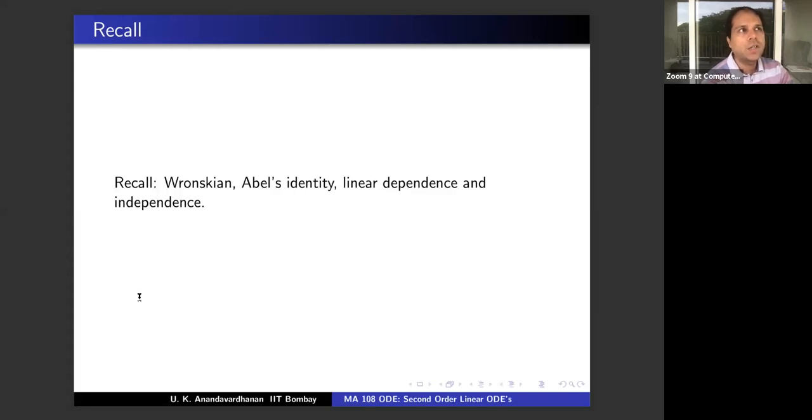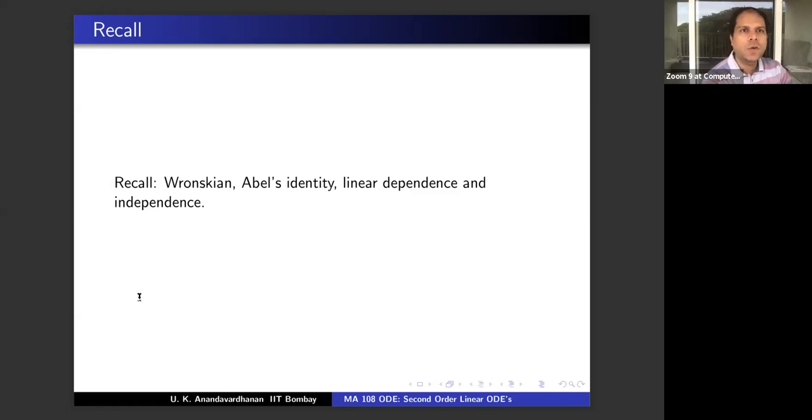But if f and g are solutions of a second order linear differential equation in standard form, all those conditions, then it is if and only if: linearly dependent if and only if the Wronskian is zero. So if linearly dependent, then of course the Wronskian is identically zero.